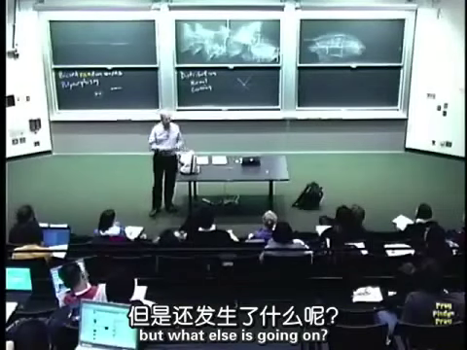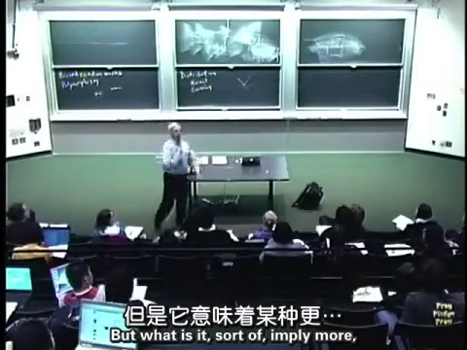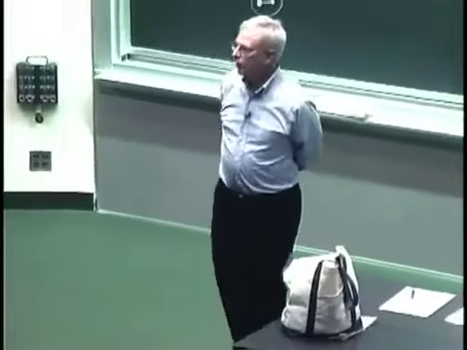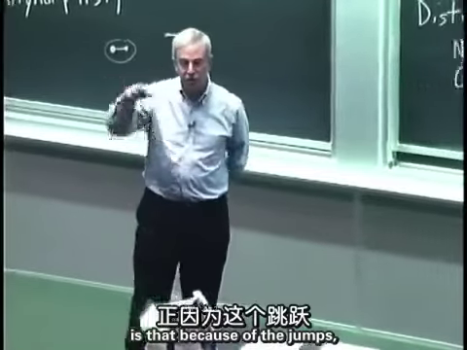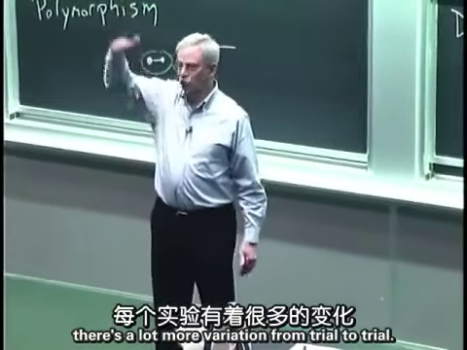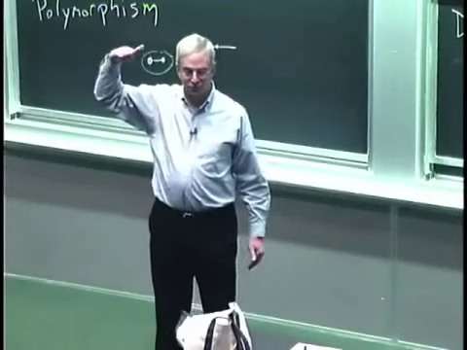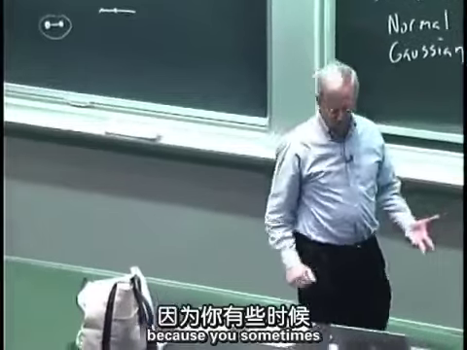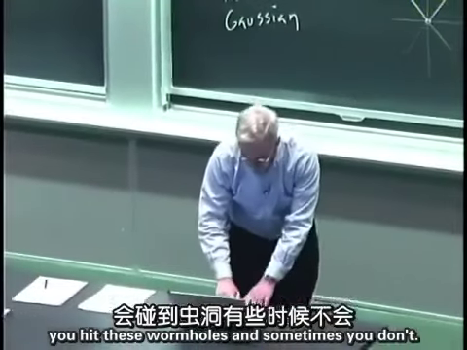But what else is going on? What does it imply more generally? What it's saying is that because of the jumps, there's a lot more variation from trial to trial. Not surprising, right? Because sometimes you hit these wormholes and sometimes you don't.